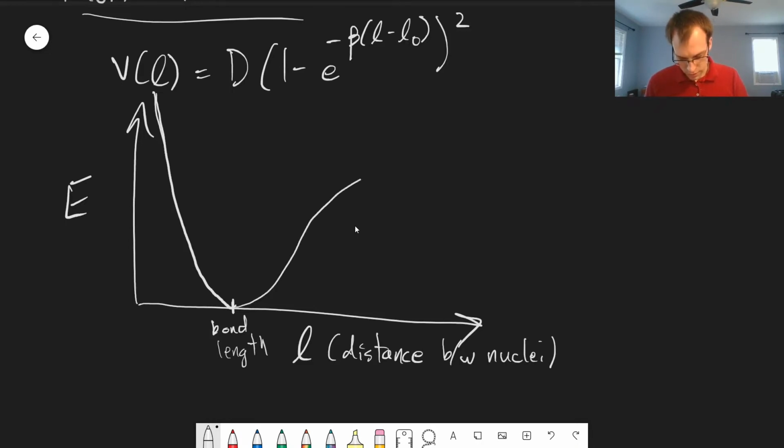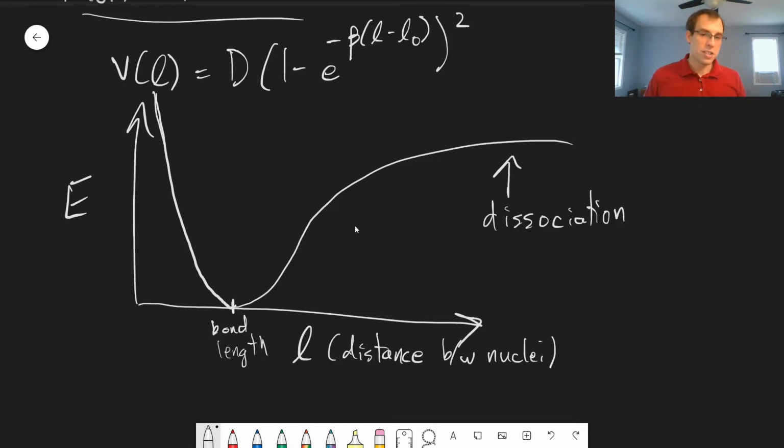Then it increases again as it stretches further apart, because there's a force that wants them to pull together. But as you get further and further apart, eventually the molecule will break apart. That's what's represented over here. This would be dissociation out here.